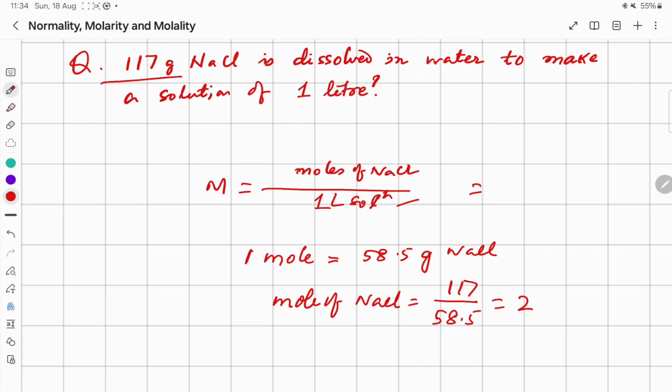So we have taken 2 moles for 1 liter of solution, so that means 2 M. If we dissolve 117 gram of sodium chloride in a solution of 1 liter, then it will be a 2 molar solution.